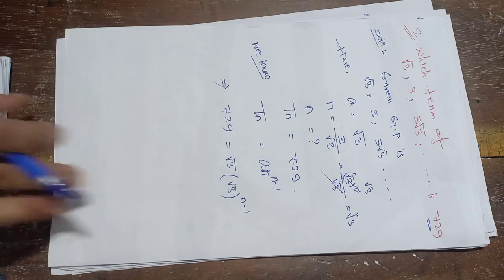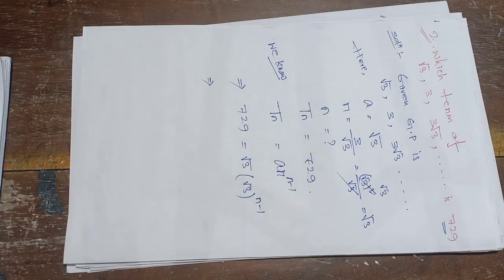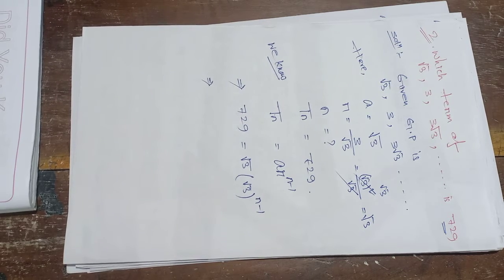Now 729 is 81 into 9, so it is 3 to the power 4 into 3 square, that is 3 to the power 6.